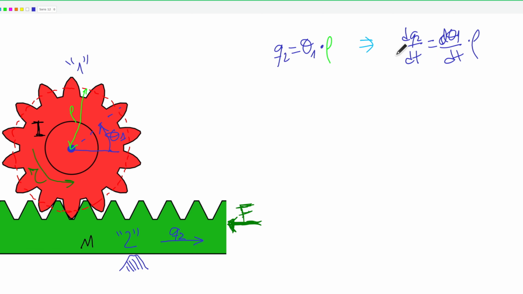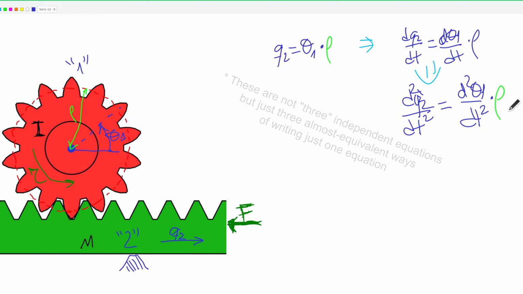And if we take another derivative, we are also able to write it in acceleration units if needed. In fact, the one we are going to use is this one in the accelerations, because in the force balances, the things that actually appear are accelerations, not positions and speeds.